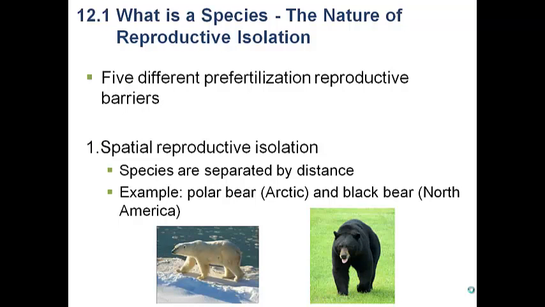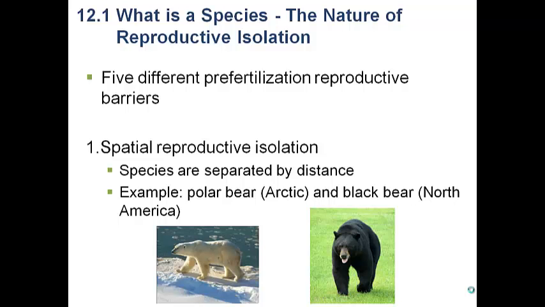The first type of isolation is a type of pre-fertilization isolation, but it's just simply spatial reproductive isolation. Oftentimes organisms in the environment don't reproduce because they simply are separated by space. A very simple example would be our polar bear, which lives in the Arctic, and our black bear, which lives in North America.